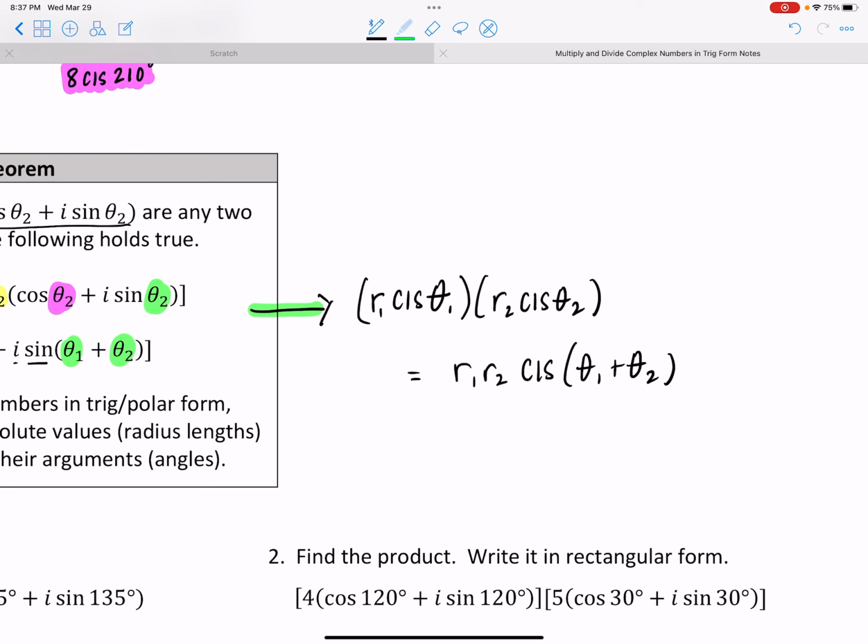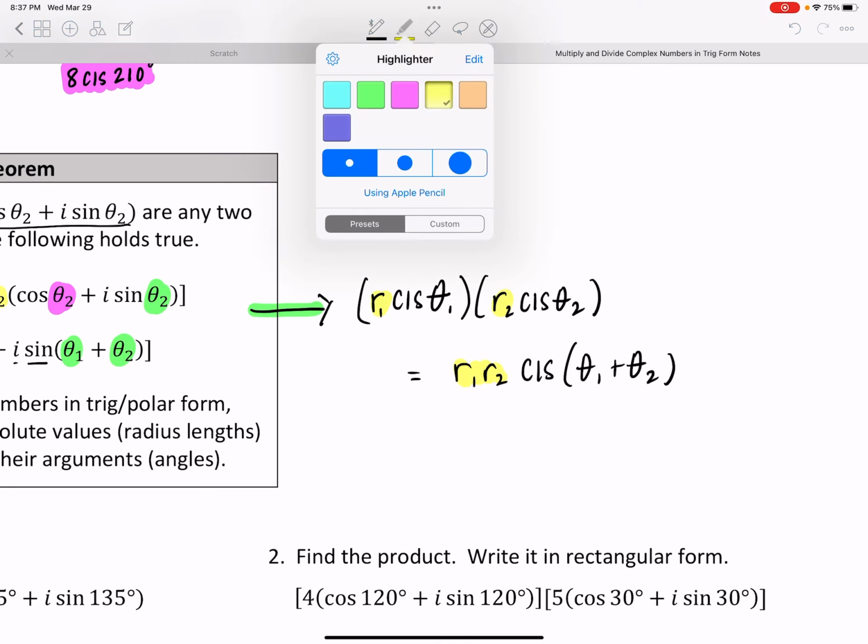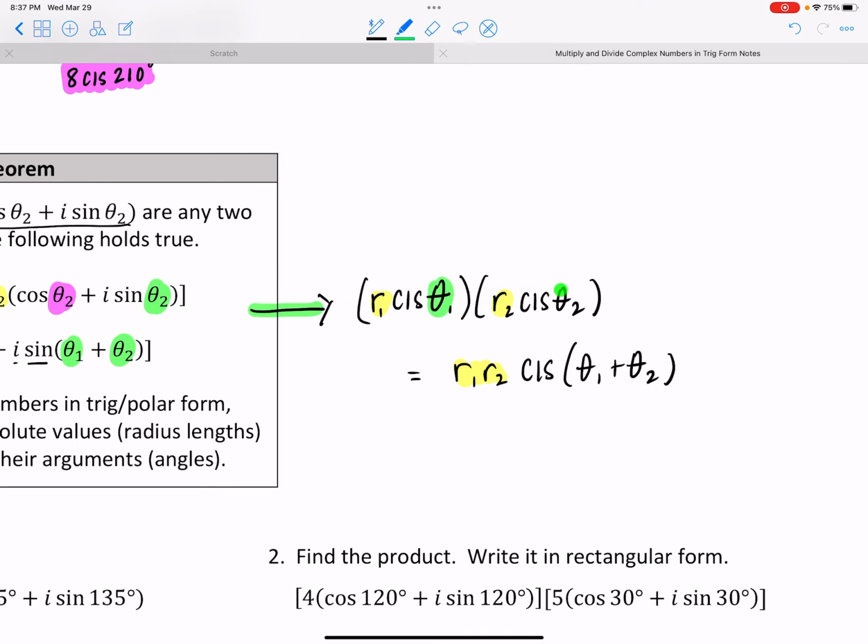So again, we're going to multiply to get the radius here, and we're going to add these two angles to get the angle here. Multiply and add those two things.